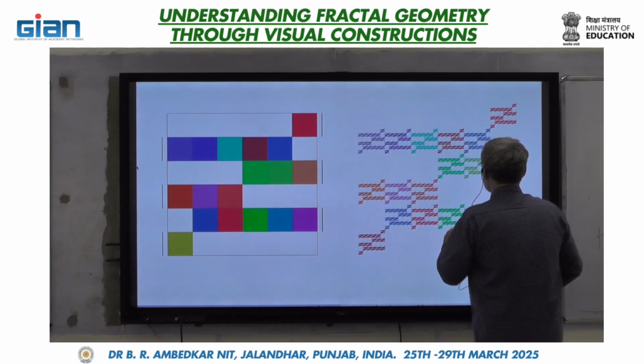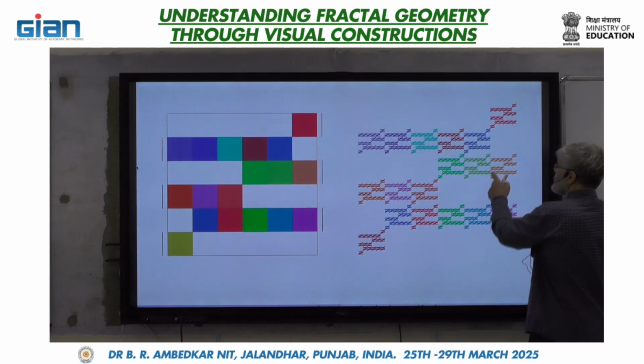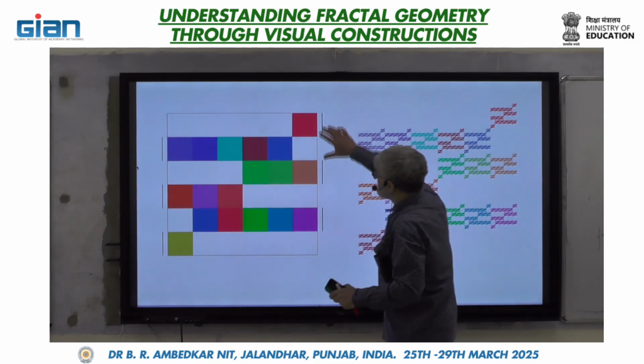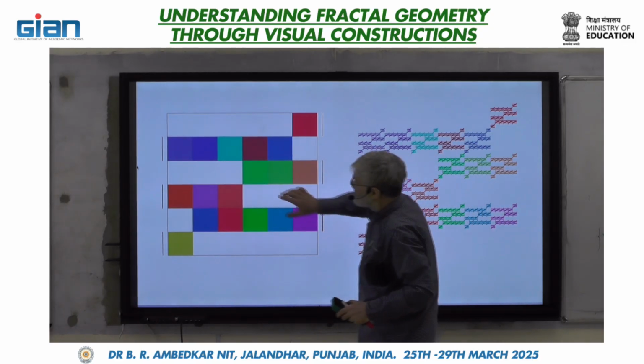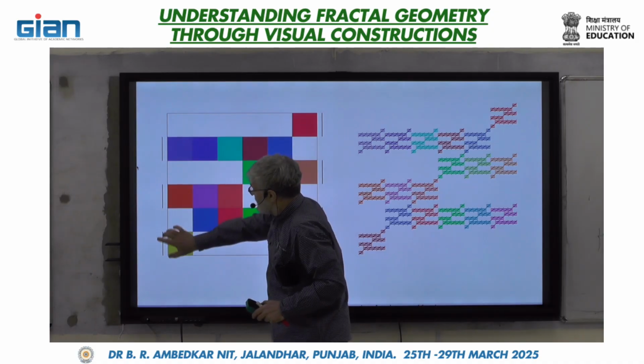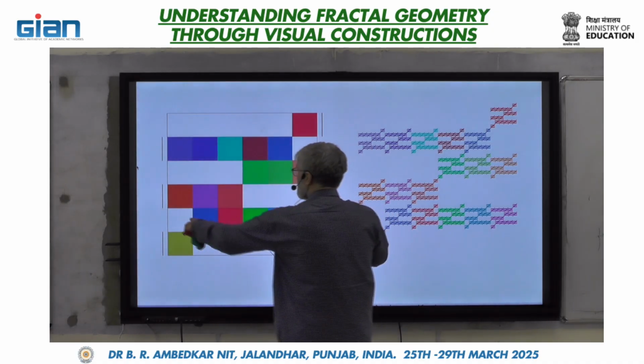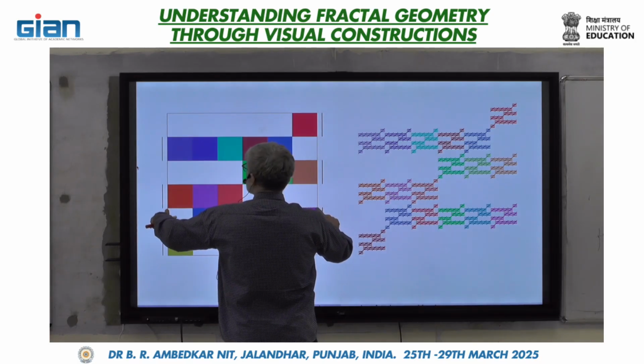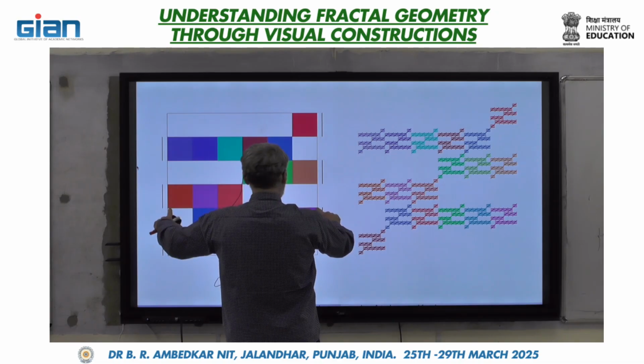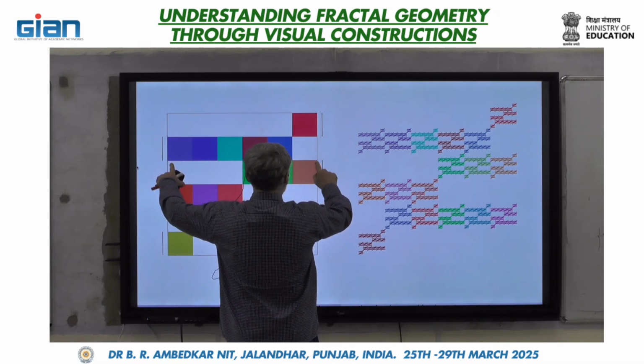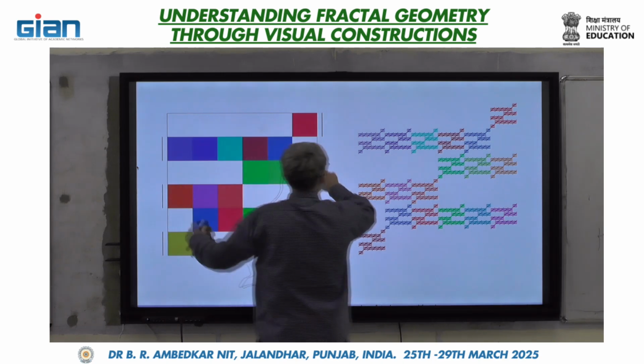So if we take this fractal segment and this fractal segment, they will have one and one and 2 points.